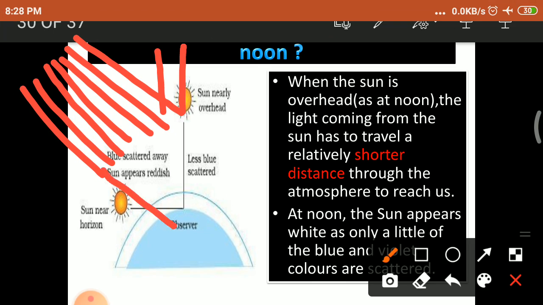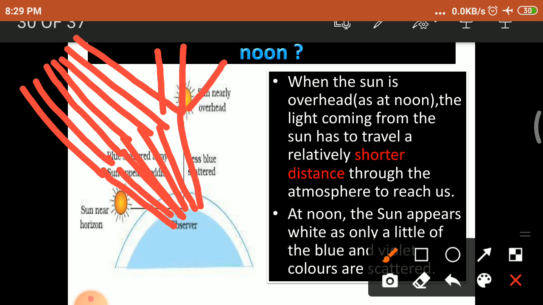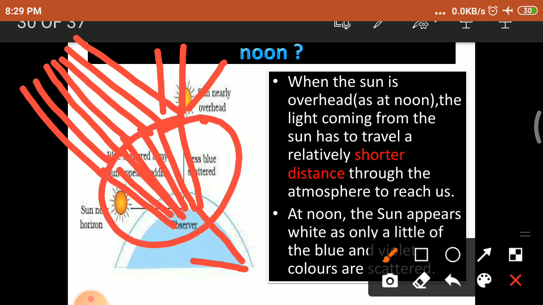So red and all other colors are combined, and the violet and blue also combine. When these 7 colors are combined, it gives white color. So during the noon time, the sky appears white because of the least scattering of violet and blue.